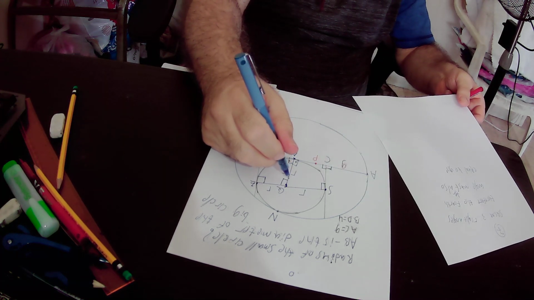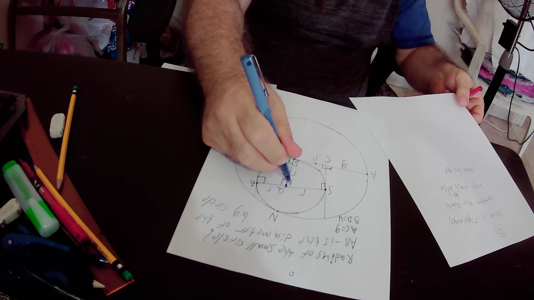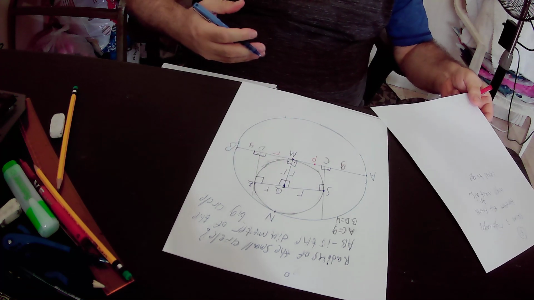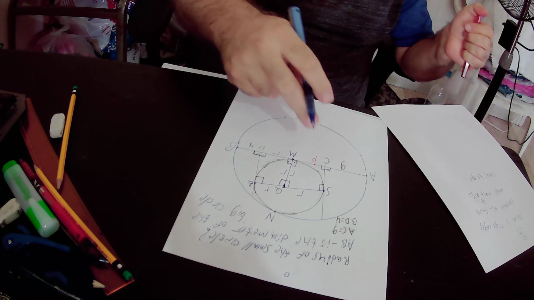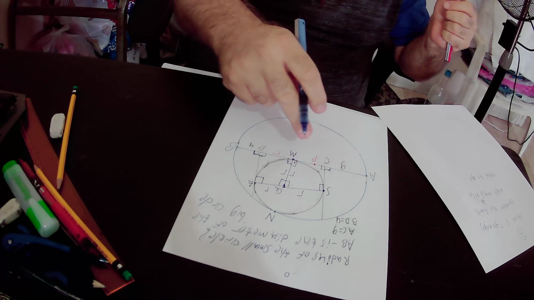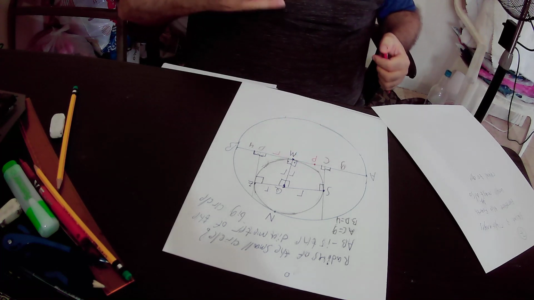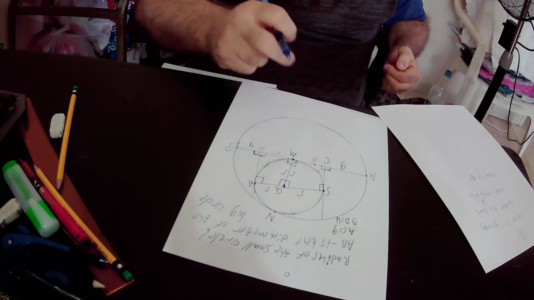So this is also a right angle. Therefore, quadrilateral SQCM that has four right angles is a rectangle.